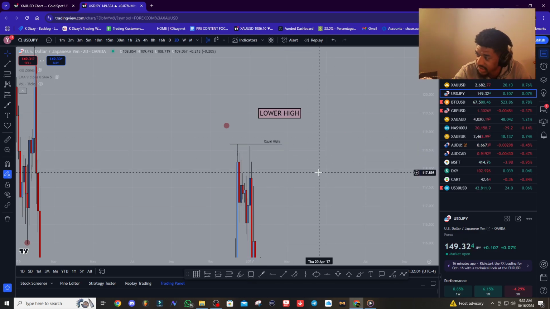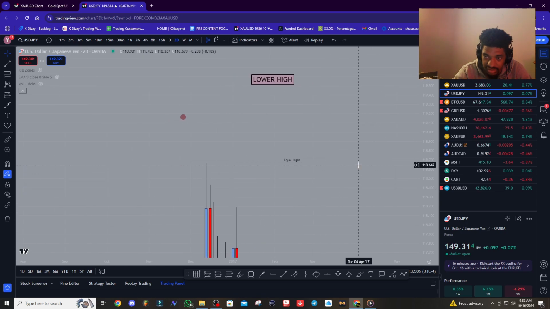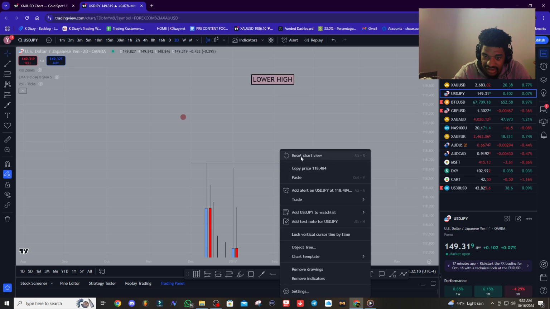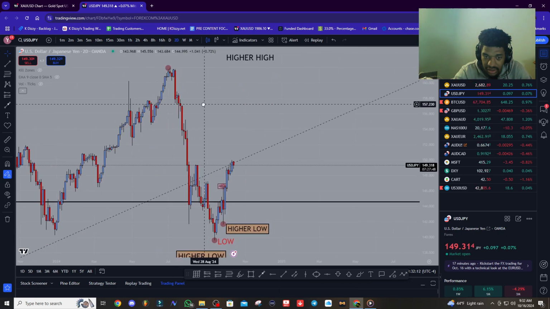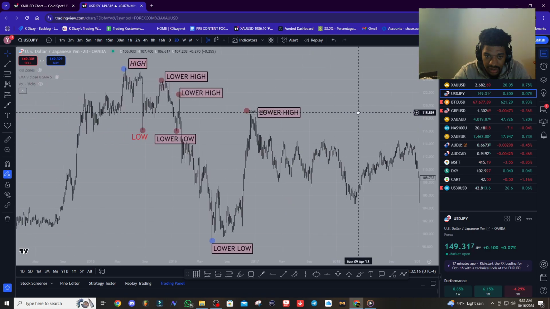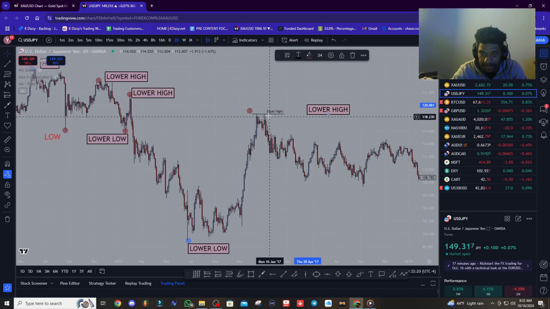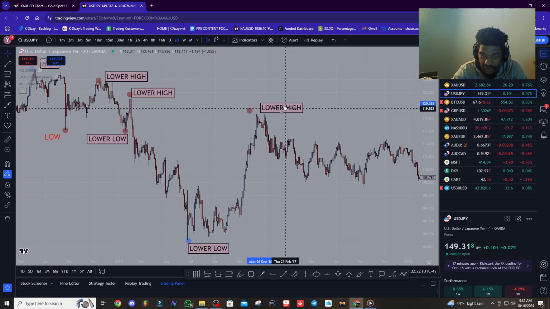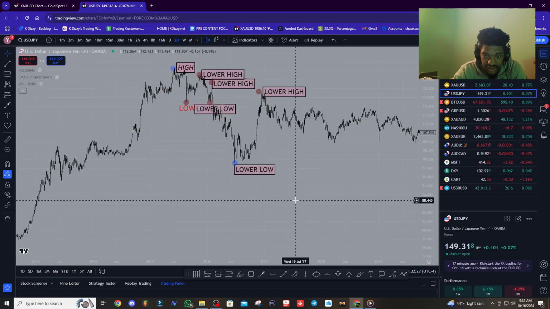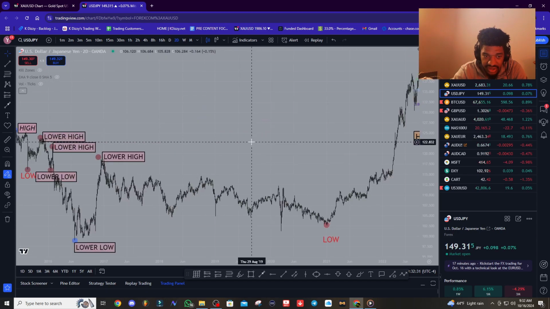Equal highs, as you can see, maybe it's kind of small for you guys to see, but equal highs. You know what I mean? So because it's not that, we're gonna keep it as a lower high. And if you guys can see the pattern, it changes, right?